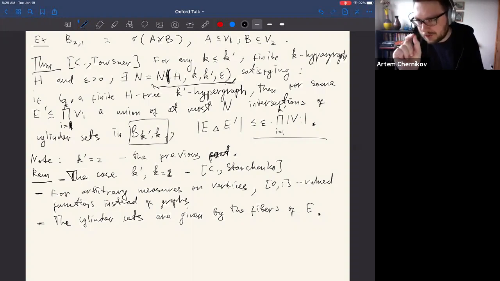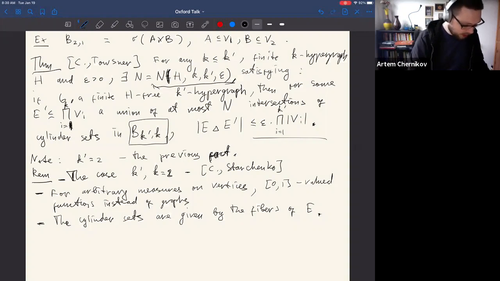When the function takes value greater or equal than R2, you view it as an edge, and when the function takes value less or equal than R1, you view it as a non-edge. We need to enforce that there's some separation. It can be as small as you want, but there's some separation between the values which correspond to edges and non-edges in this picture.